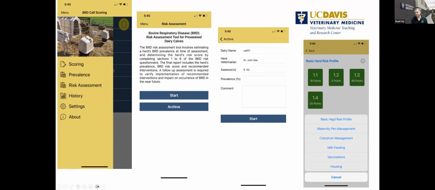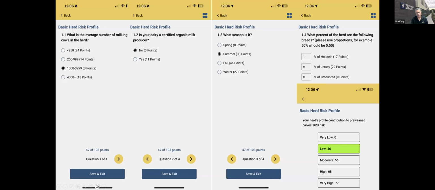But if you click on basic herd risk assessment, or whichever section comes after that, you will see the questions as boxes and the total score points in them for each question. And these are the risk points, actually. Next, so I'll walk you through a few sections. I won't walk you through all of them, so I don't belabor you. But if, for example, the basic herd risk profile, it asks about the average herd size, and you'll see that these points are based on regression models, two types of regression models from the two study designs that Betsy spoke about.